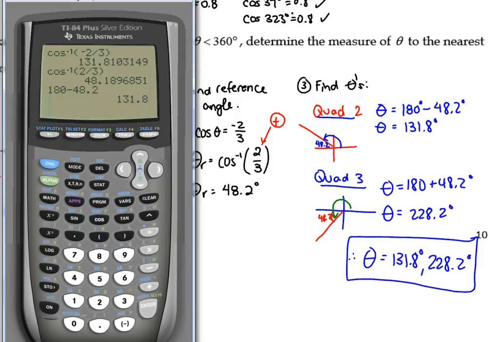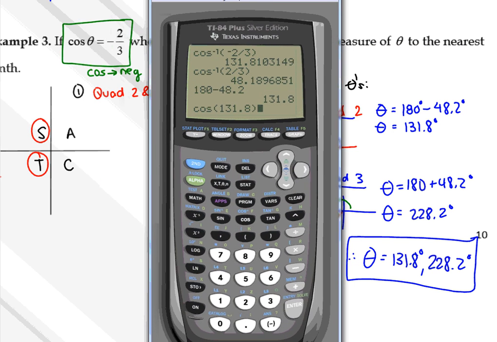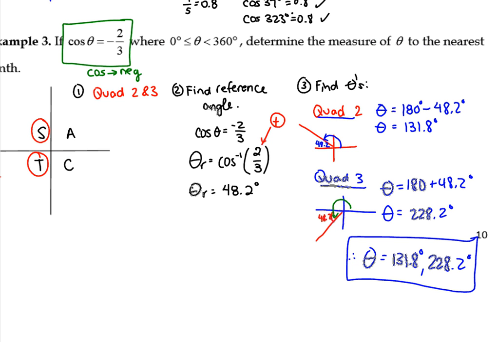Okay, type in cos of my angle, 131.8. What should it be equal to approximately? What do we expect it to be equal to? Negative 0.6 repeating, right? Negative 2/3 is the same thing as negative 0.6 repeating. So if we're checking our work, we type in cos of 131.8 and cos of 228.2.